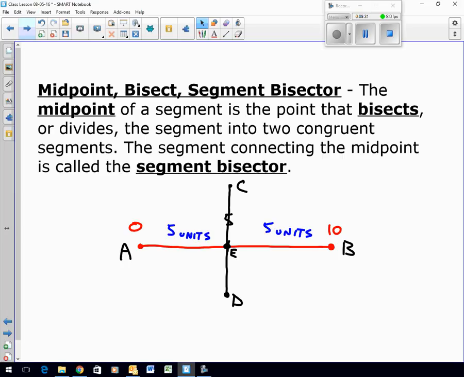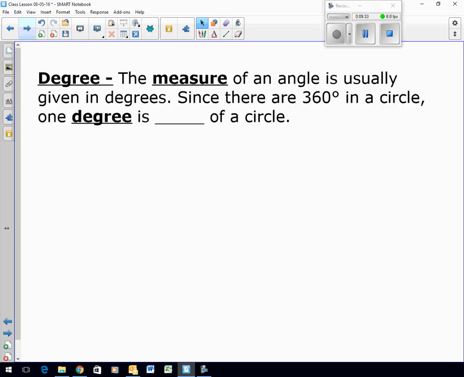Okay. All right, guys. Degrees. Today I said we'd be working on line segments and angle measurements. Angles are measured in degrees, right? Let me do a quick recap of an angle.